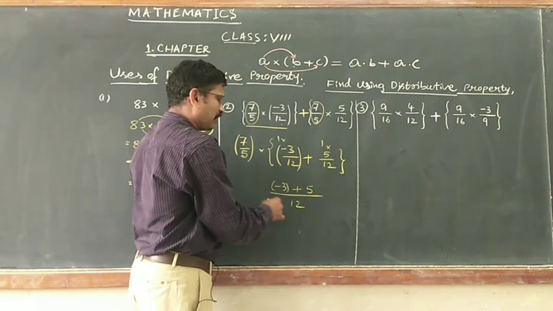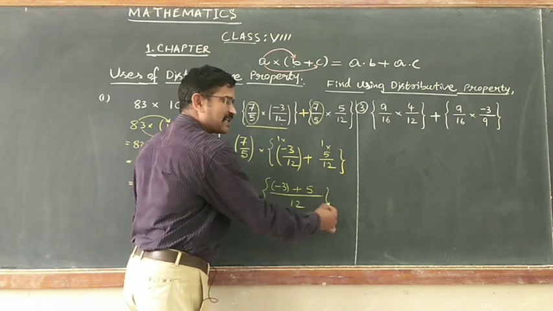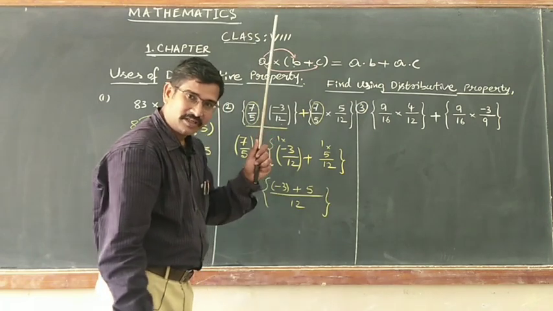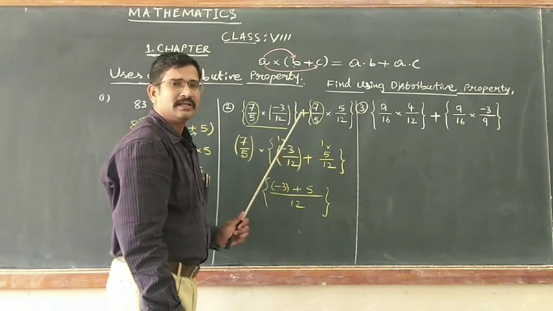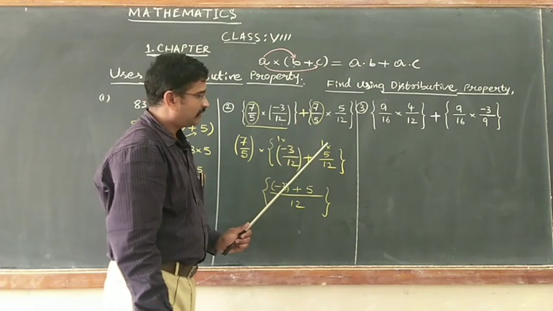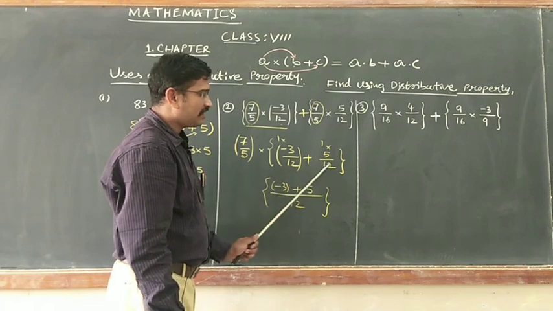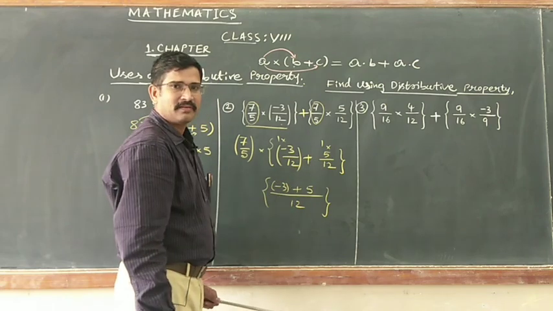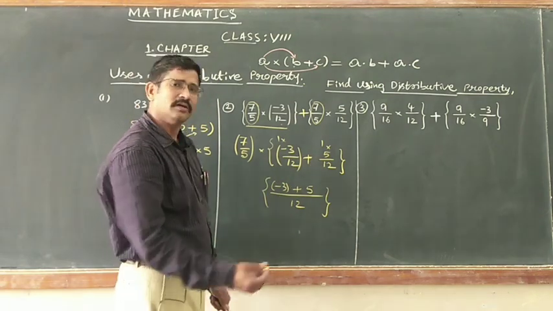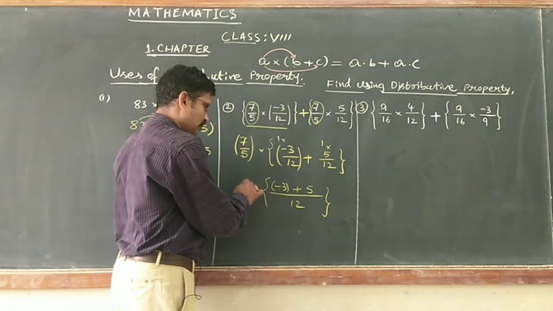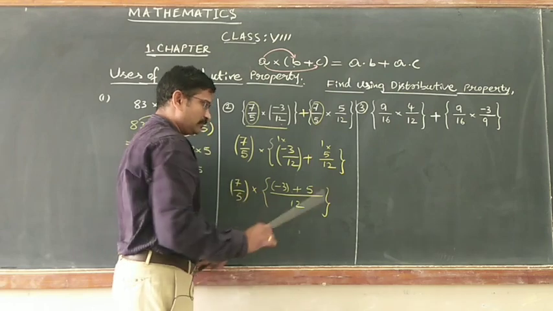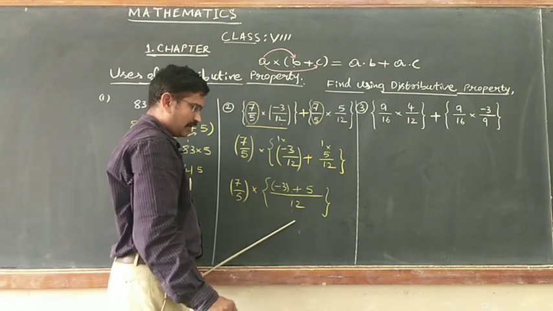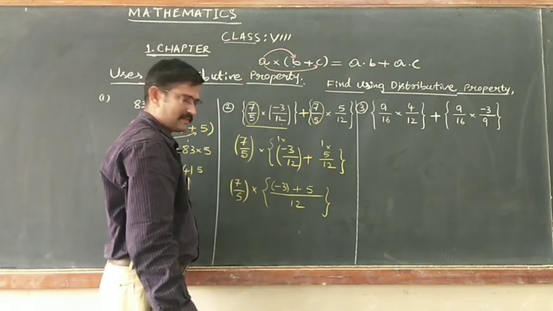You know, these both are called like fractions, a concept you have learnt, like rational numbers. When do we call any two rational numbers like? If the denominator is same, then those rational numbers are called like rational numbers. So, we have done easily the sum of these two, and this 7 by 5 multiplies as it is.